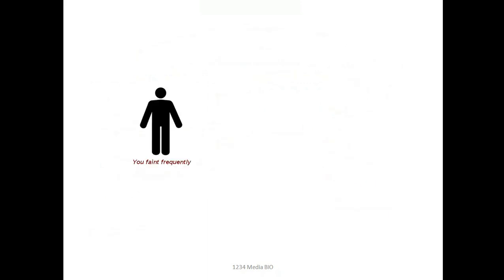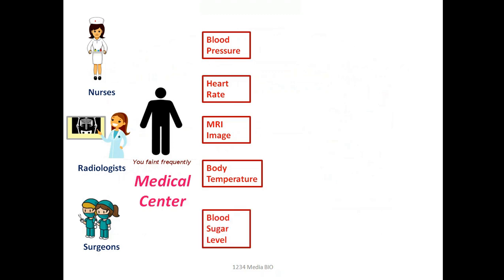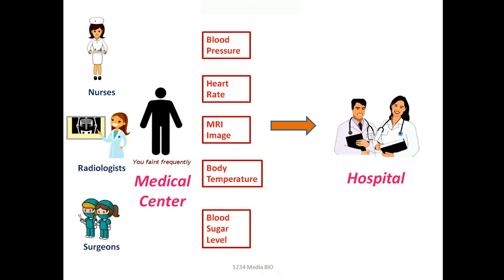You realize that you faint frequently nowadays, and that's why you decide to visit your local medical center. The local medical center has nurses, radiologists, and surgeons, who took your blood pressure, heart rate, did an MRI scan, took your body temperature, and measured your blood sugar level. They sent all this information to a hospital, which is served by expert and experienced doctors.